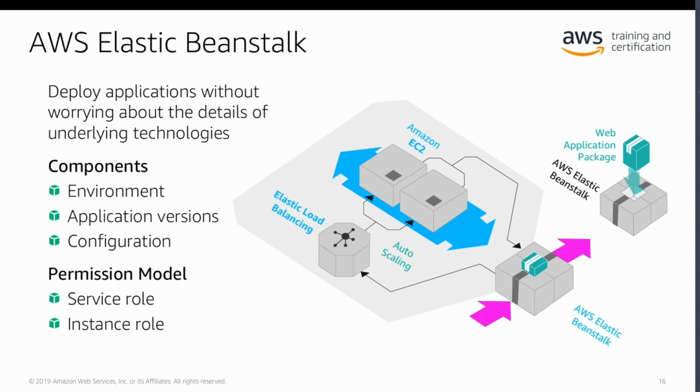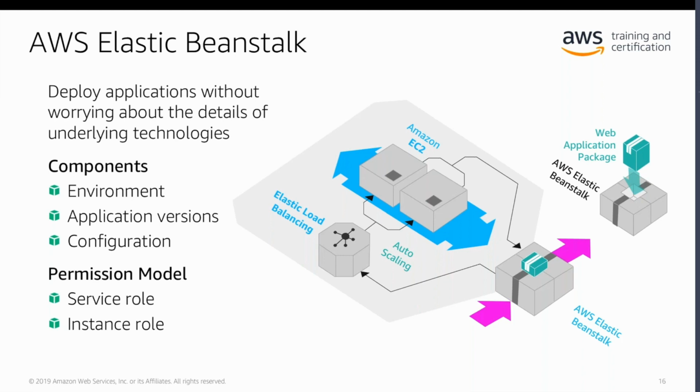Really important here, one thing I would want to know going in if I'm taking the exam is where those configuration files are stored, what directory. I'll give you a little hint: it's called .ebextensions that you create, and you put your config files underneath there. That's well worth your time to review before taking the exam itself.